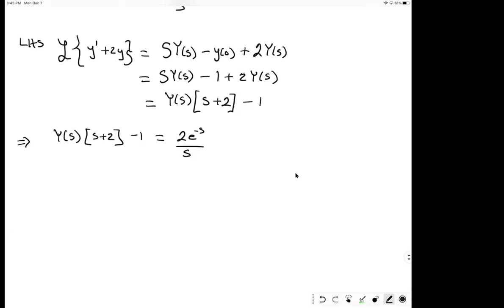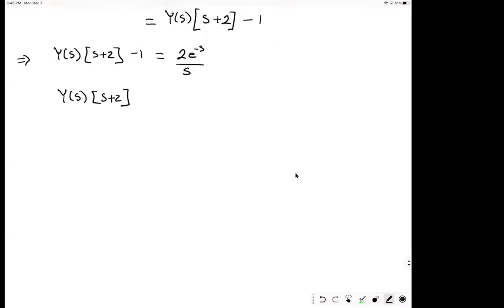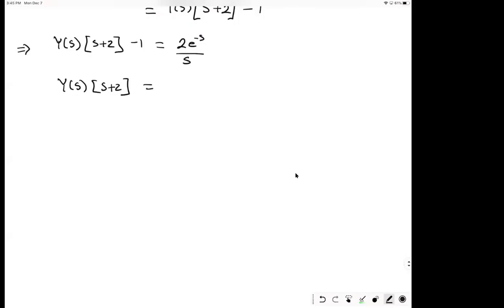Then I add 1 to both sides, so I have Y of s times s plus 2 equals 2 times e to the minus s divided by s, plus 1. Then I divide both sides by s plus 2. So Y of s equals 2e to the minus s over s times s plus 2, plus 1 over s plus 2.